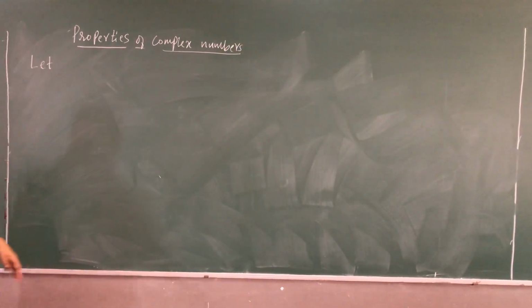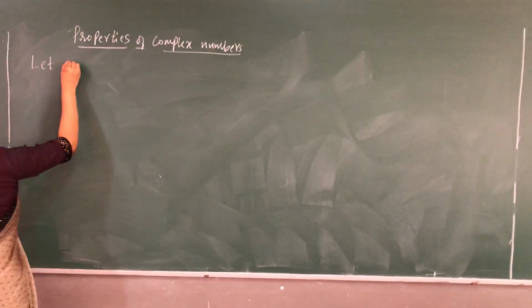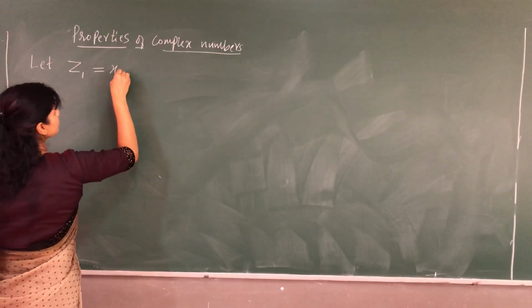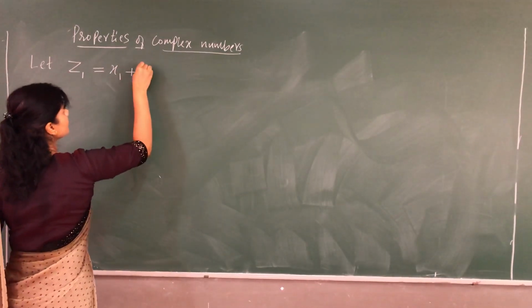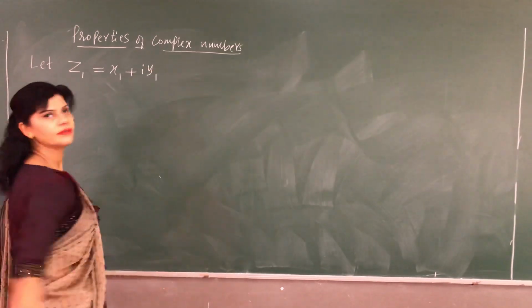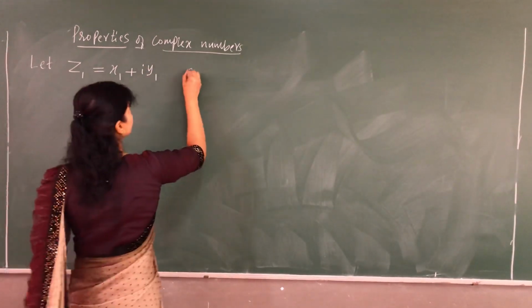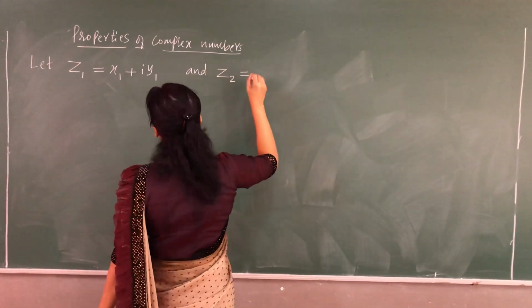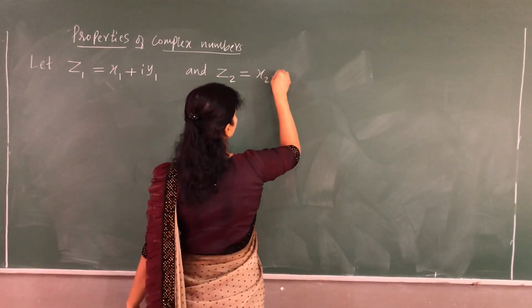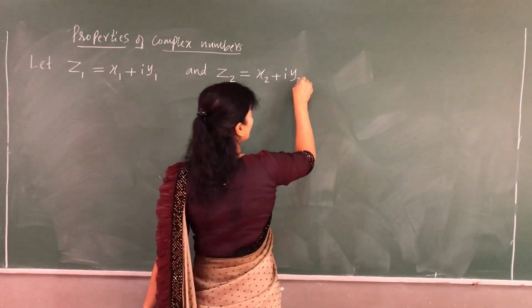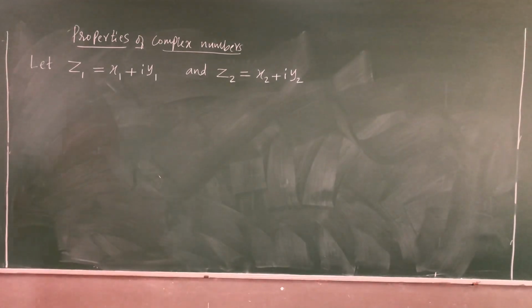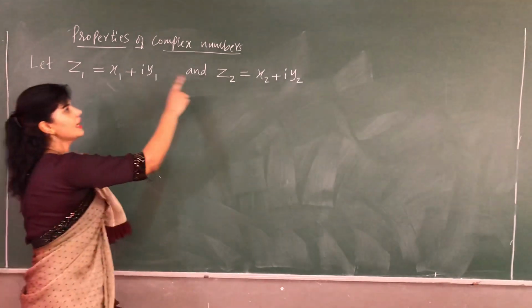Okay students, let z1 be the complex number x1 plus iy1, and z2 be another complex number x2 plus iy2. Now again I repeat the properties based on z1 and z2.